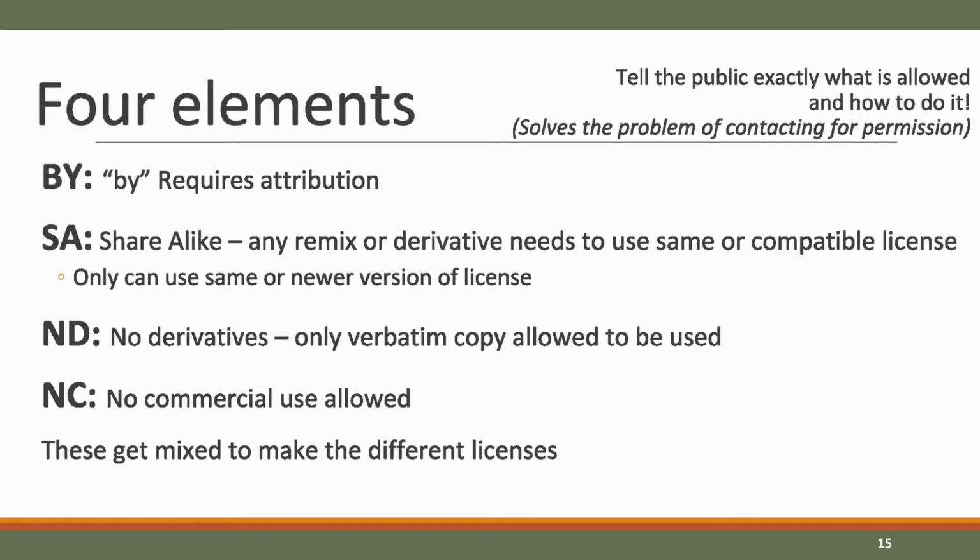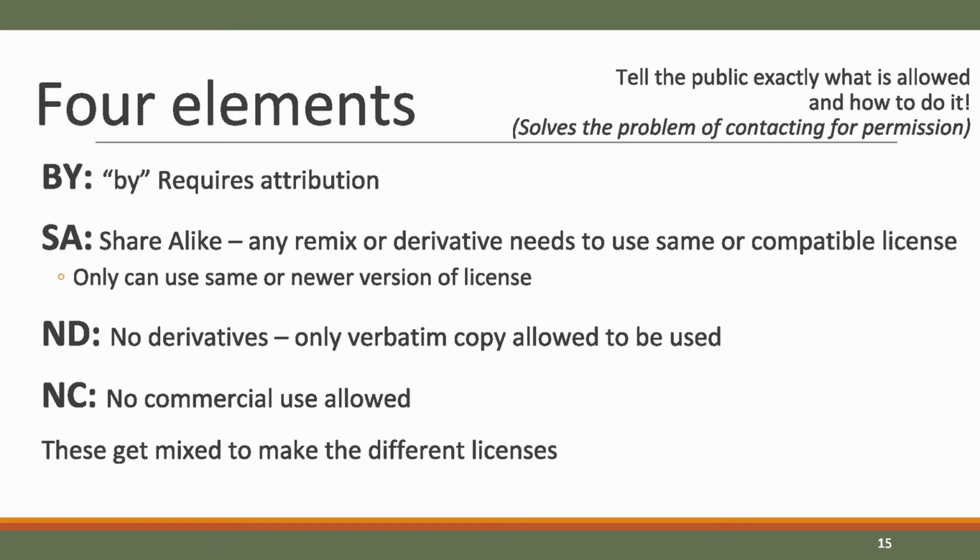So the Creative Commons license is not the only form of open licensing, but it's become the most widely understood and accepted. And the Creative Commons license has 4 options, 4 elements, 4 blocks, which you could think of as light switches that you're turning on or turning off for the product. They all have 2-letter abbreviations.